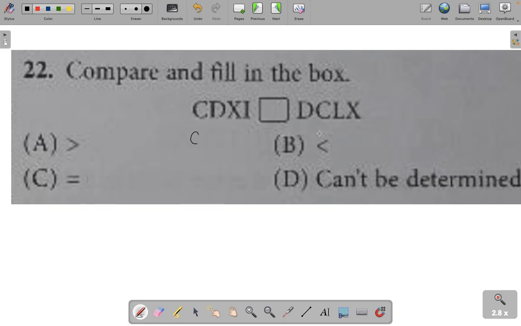Sir, the answer is B. So this will be greater.